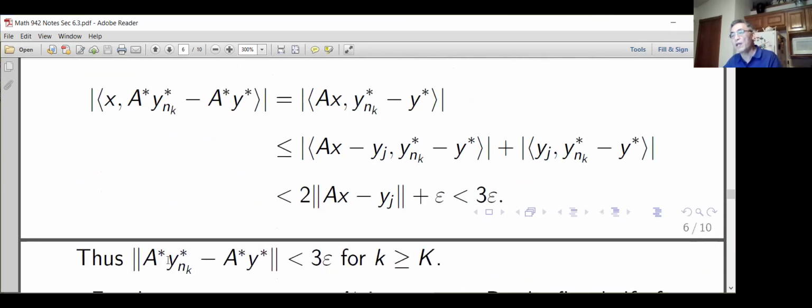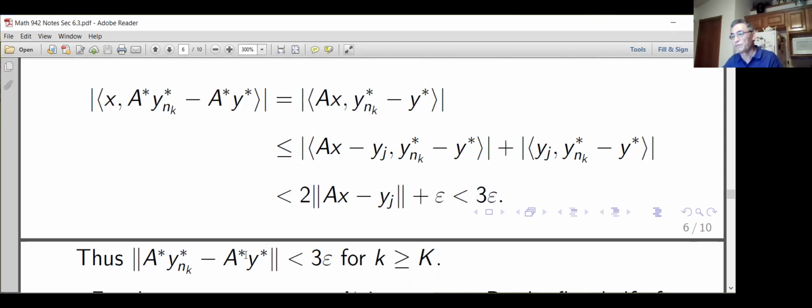So ||A* y_nk* - A* y_nk*|| is less than or equal to 3 epsilon, for k greater than or equal to K. So see, we have 3 epsilon here, which is the same as epsilon. So this says that this norm goes to 0.